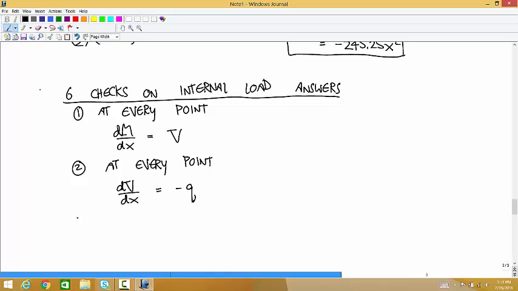The third one. Now these two are true for every point, okay? The last four are only true at the endpoints.